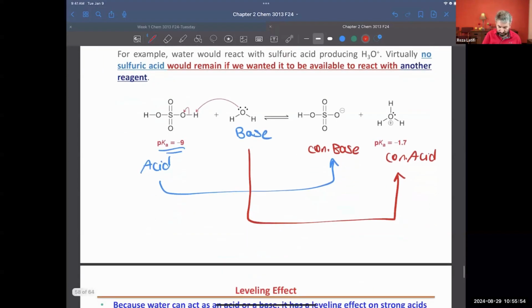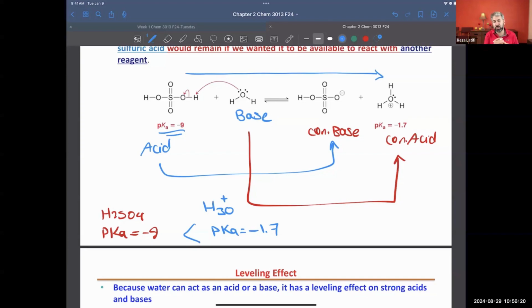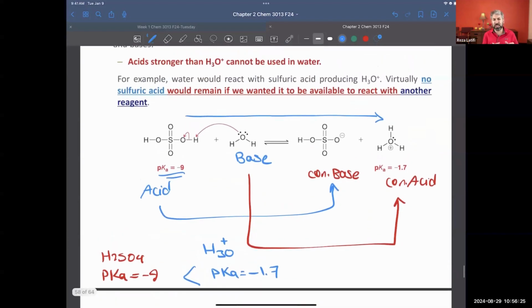So we have our acid, H2SO4, with a pKa of -9, while our conjugate acid, which is H3O+, has a pKa of -1.7. Clearly, it's bigger than -9. So I'm going to say the reaction will move to the product side. That means water will accept H. Remember, water is capable of behaving as an acid or base, depending on the pKa of the starting compound.